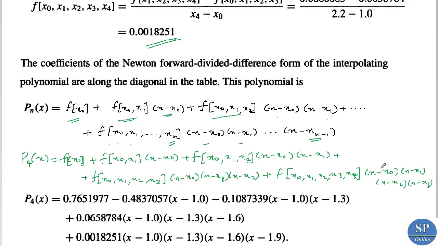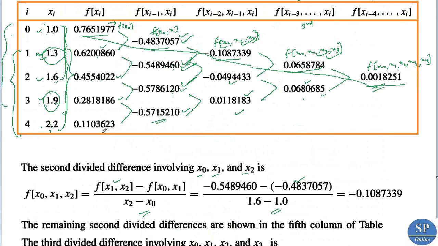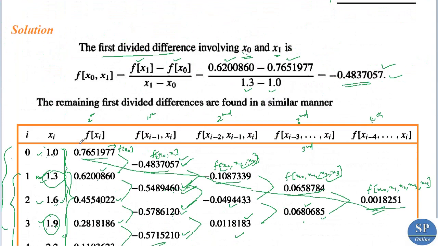Now we can replace these divided differences, f of x naught and f of x naught comma x1, f of x naught, x1, x2, and so on. So replacing those values, we get this. This one is f of x naught, this one is f of x naught comma x1, this is f of x naught x1 x2, this is f of x naught x1 x2 x3, and this is f of x naught x1 x2 x3 and x4.